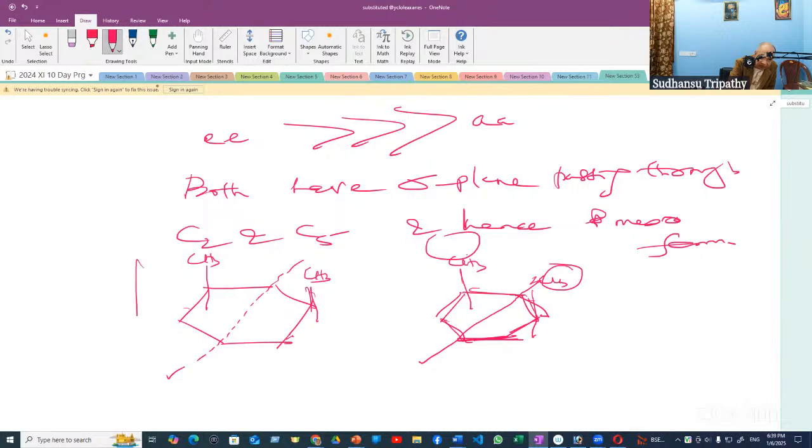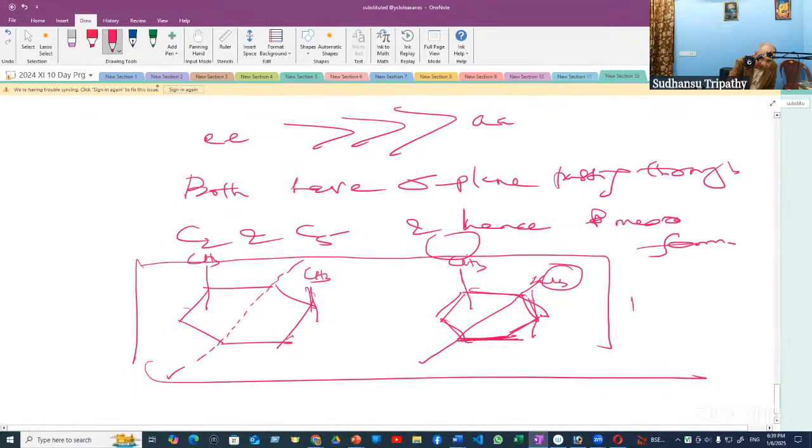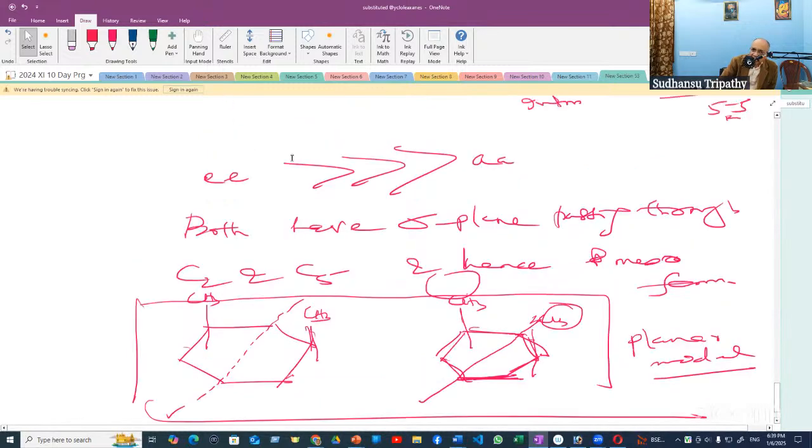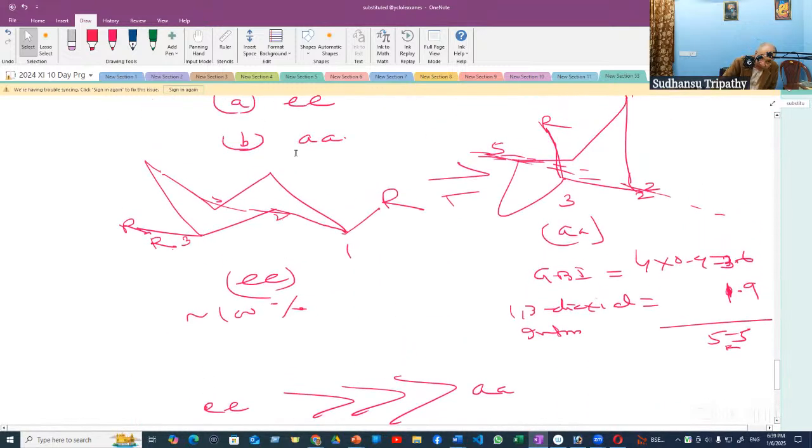Yes, there is a plane of symmetry. Also, that can be visualized from the planar model. This is a planar model, which is not correct. So in the 3D chair form also, you can visualize both are inactive. But the percentage of diequatorial is nearly 100% because of huge interaction energy difference.